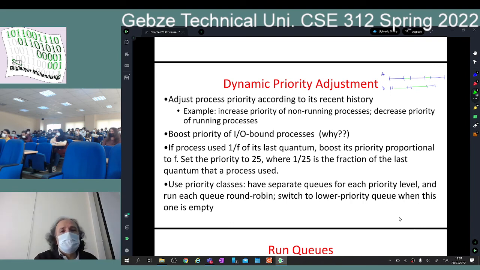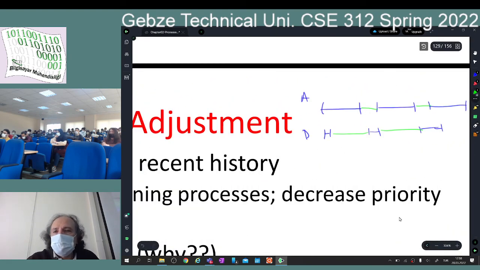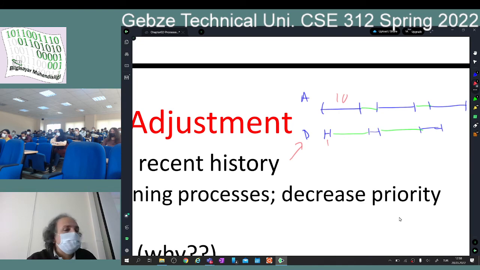It is not the fault of that process that it is using only a small fraction of its quantum time, because it has to do interaction. It's an interactive process. In this case, if this one is running 1 millisecond and this is running like 10 milliseconds, I am going to boost the priority of process B by 10, so that B has 10 times more chances of using the CPU.